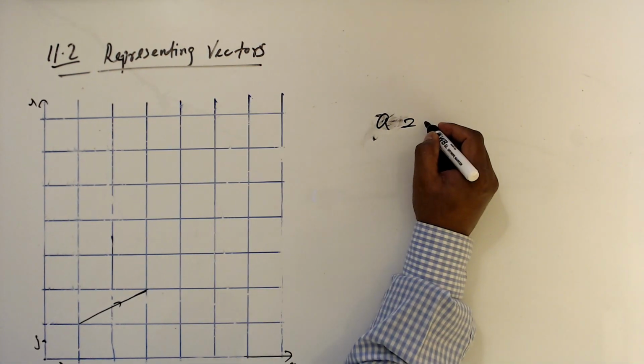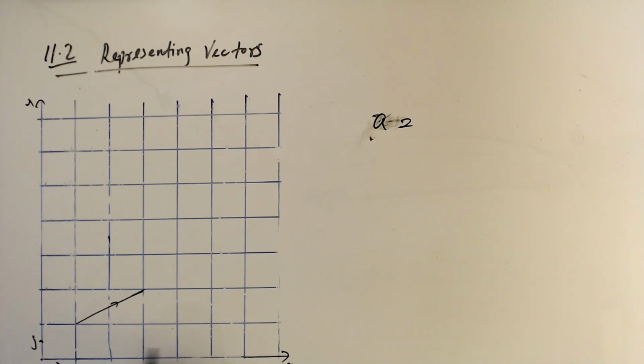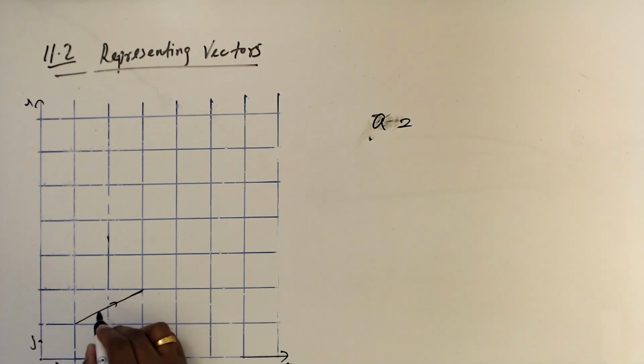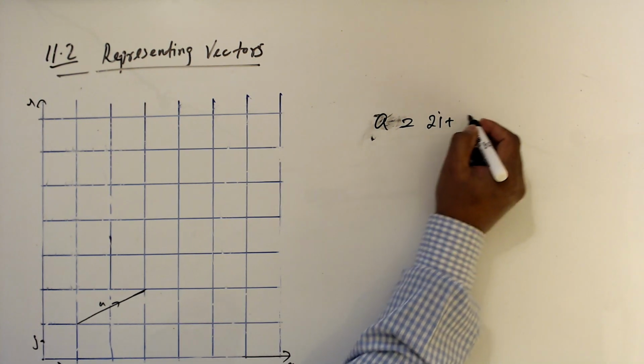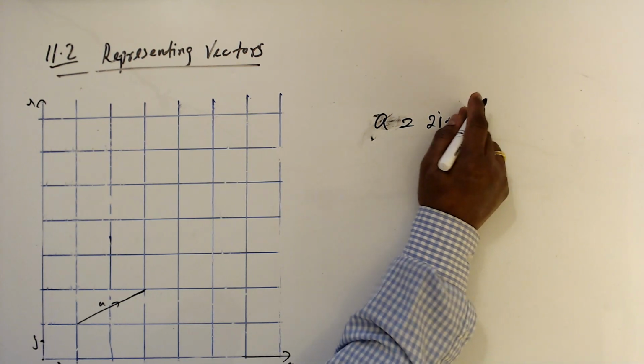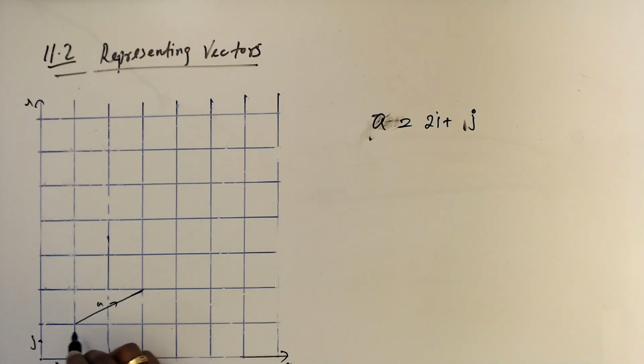So this vector a, how can you express it differently in terms of i and j? 1i, 2i, so totally 2i and 1j. So you can write 2i plus j by triangle law.